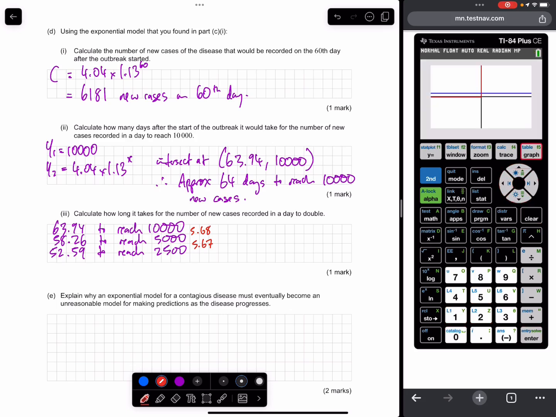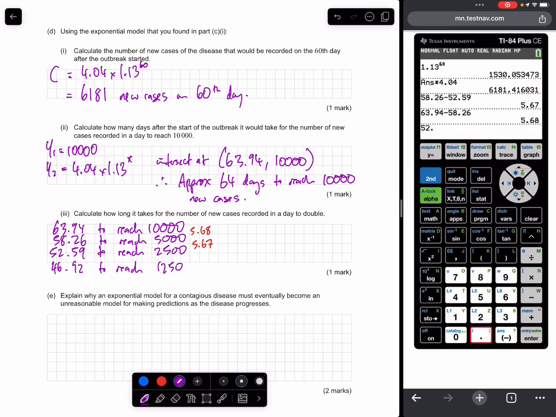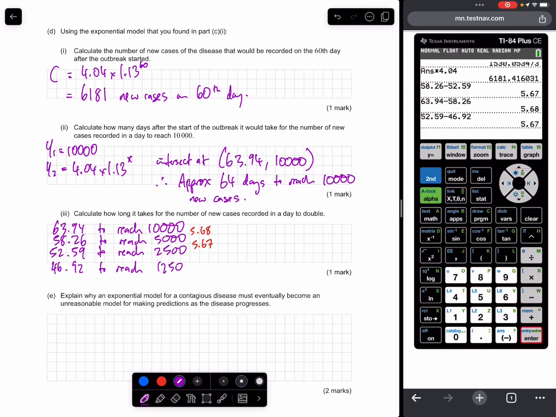Try one more just to be sure. Second trace, intersect. 46.92 to reach 1,250. 52.59 take 46.92, yeah, it's about 5.67. The jumps. Therefore, approx 5.67 days for cases to double.